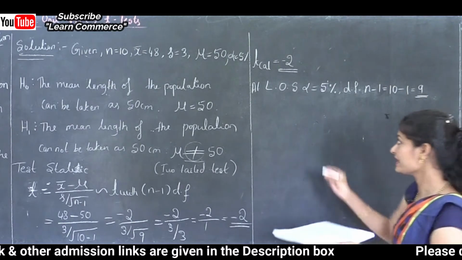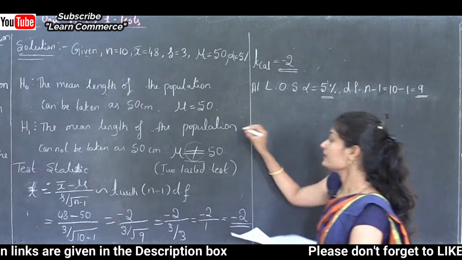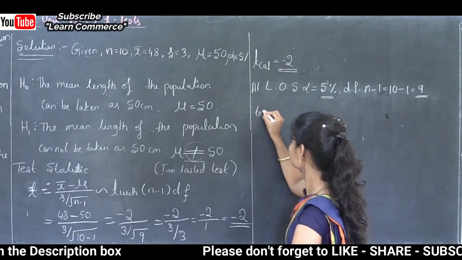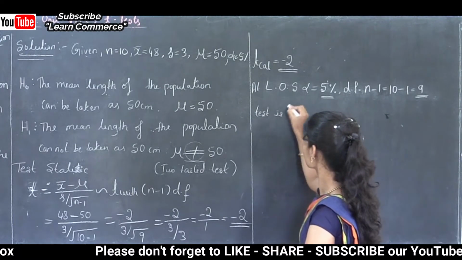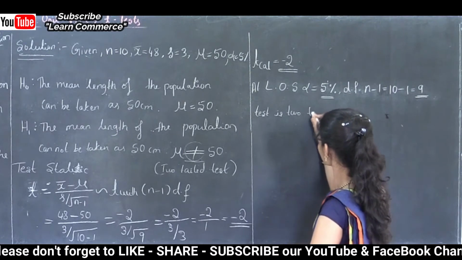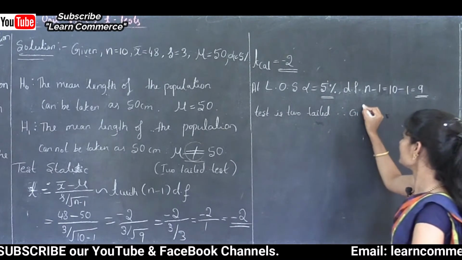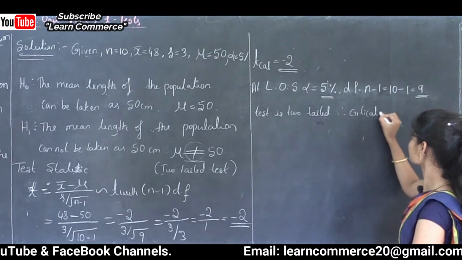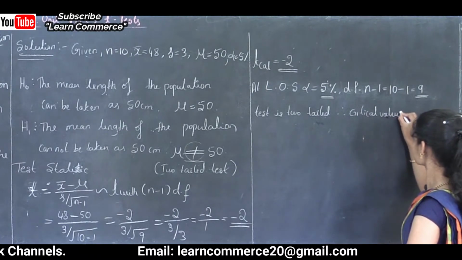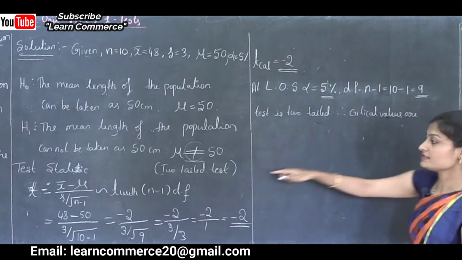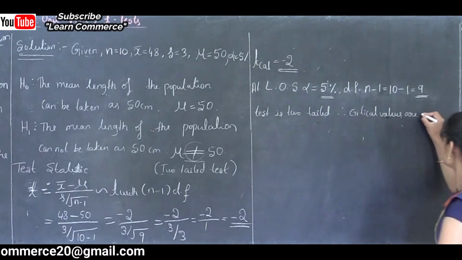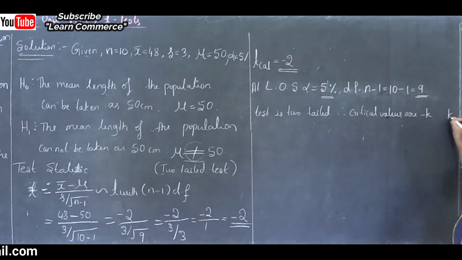This test is two-tailed, therefore we need to find minus k and plus k values.